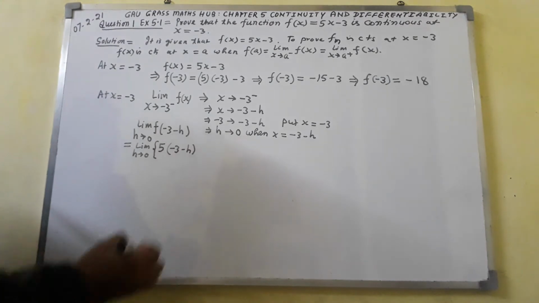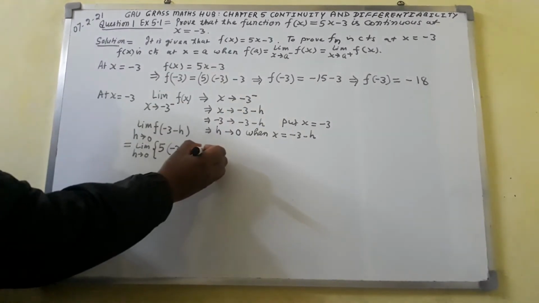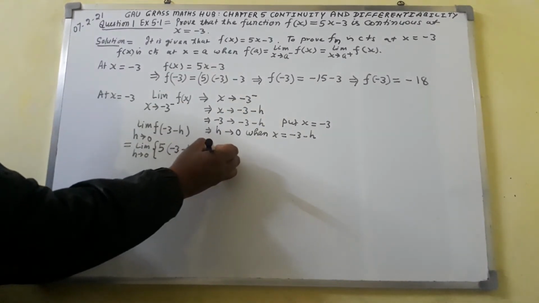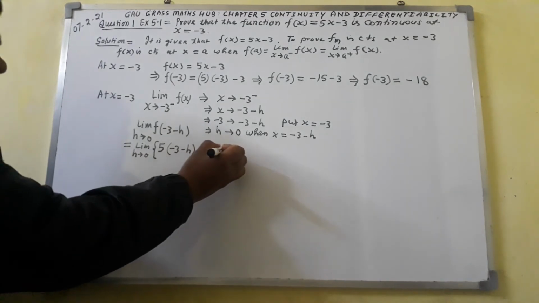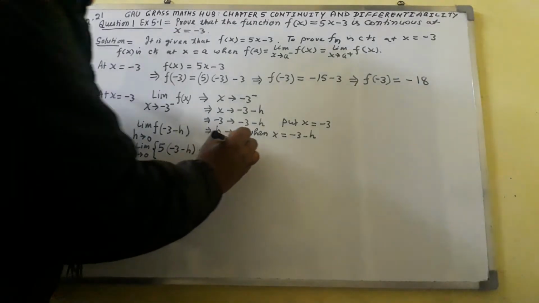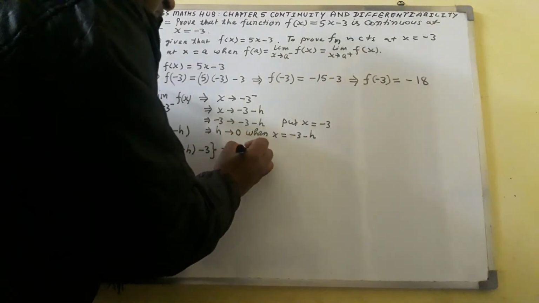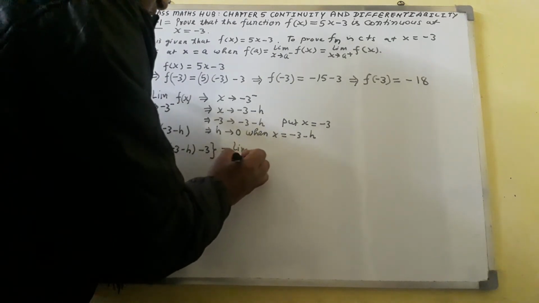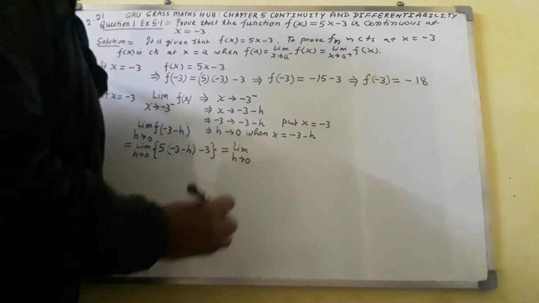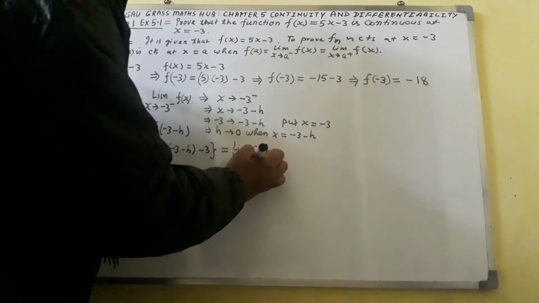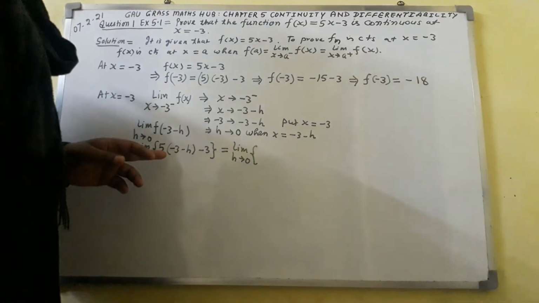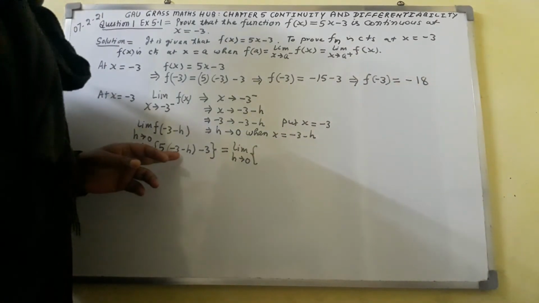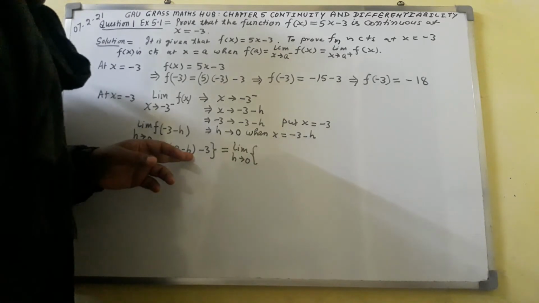It comes out to be limit h tends 0, open curly bracket, 5 will get entered inside, bracket will be broken.